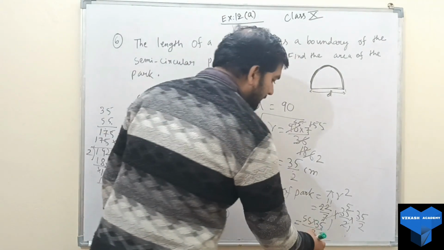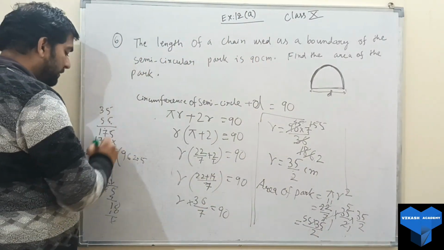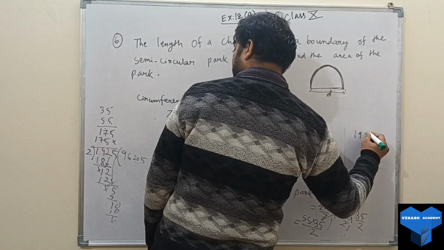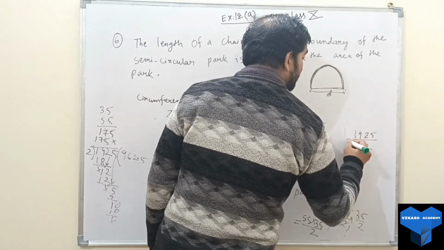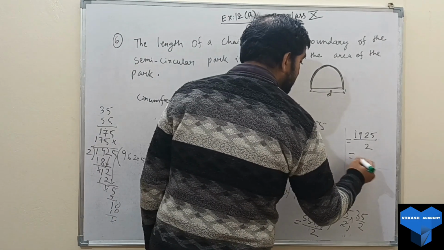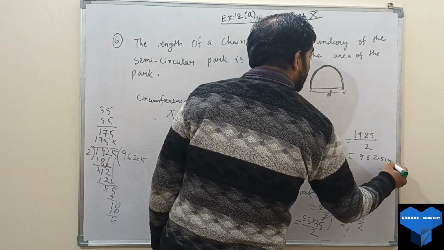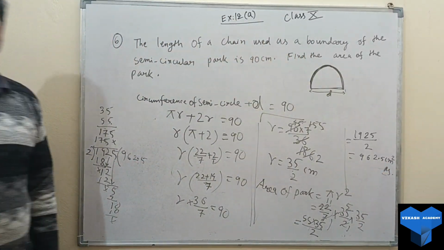We got 55 into 35 is 1925, divided by 2. If you divide 1925 by 2, you will get 962.5 centimeter square. So this is our answer for question number 6.